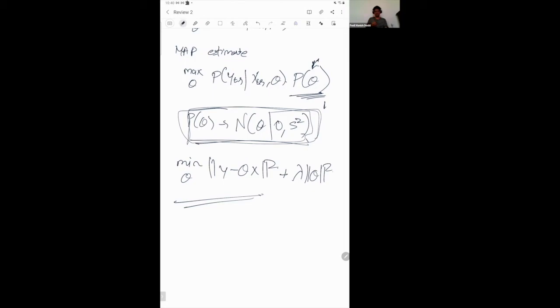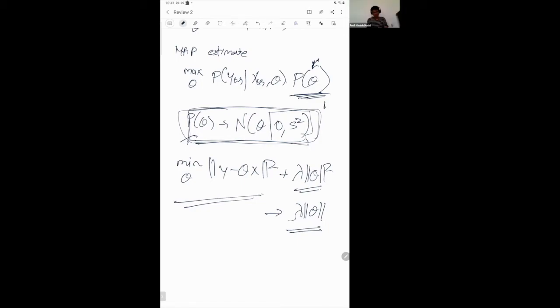And as was also posed in one of the quiz questions, you can assume another distribution on these parameters, and then you would have gotten something else. I don't remember the distribution, I think it was Laplace.